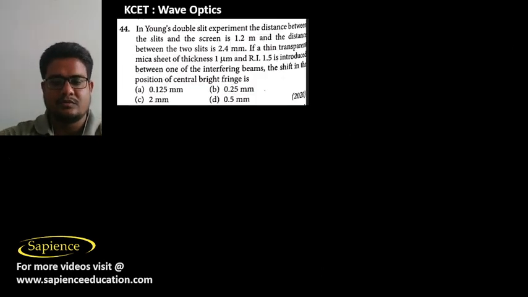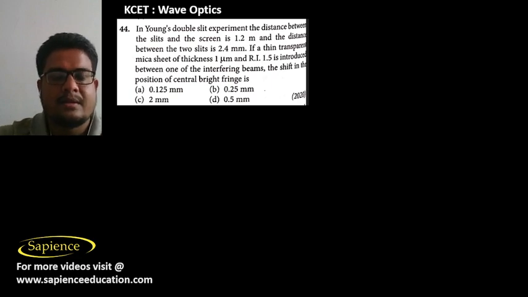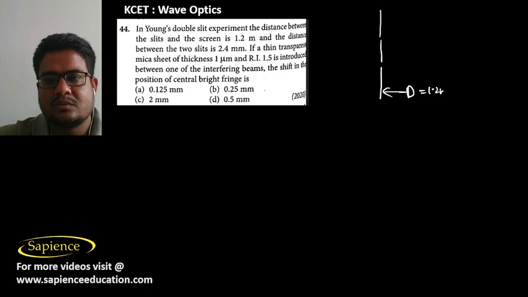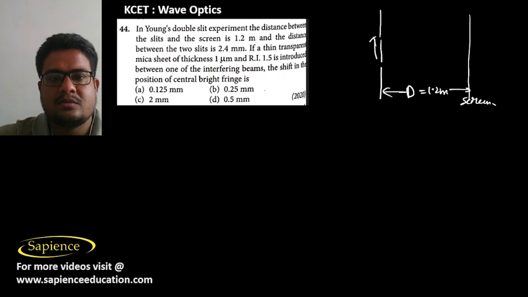Then in question number 44, it's told that in Young's double slit experiment, the distance between the plane of the slits and the screen, D, is 1.2 meters, and the distance between the two slits is 2.4 millimeter. So that is small d.